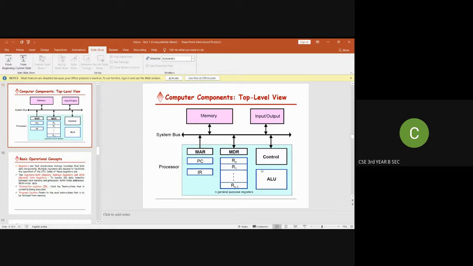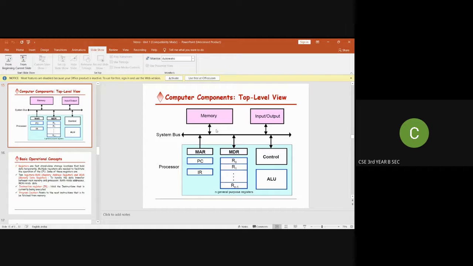But if it is a write operation, we have to write or update some data in the memory, which means both the address and the data to be written must be given to the memory. At this particular address, this particular data should be written.